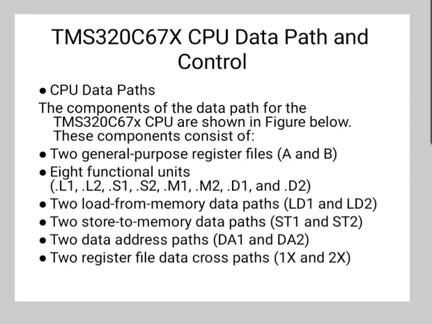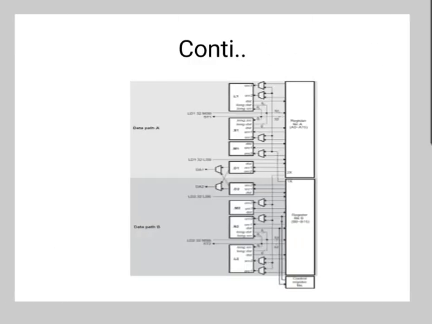Also the load from memory data path, store to memory data path, data address path, and register file data cross path. So this is the diagram of the TMS320C67X CPU data path.